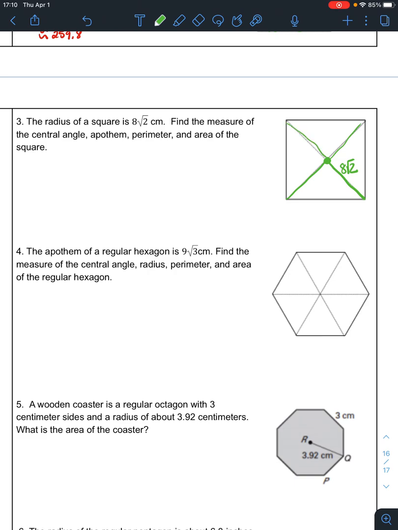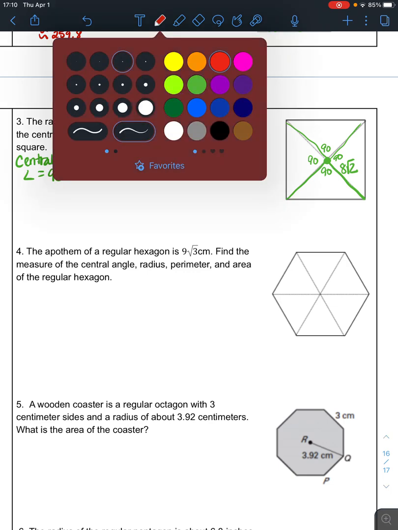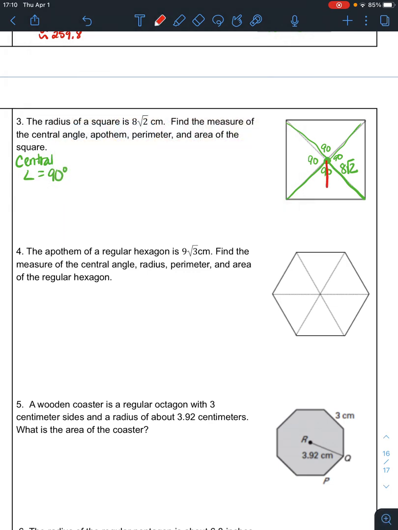All right, so let's look at all these pieces. So the central angle, remember, is 360 divided by 4. So each of the central angles is 90. Okay, so my central angle is 90 degrees. Then it asks for the apothem. The apothem goes from the center perpendicular to the side.